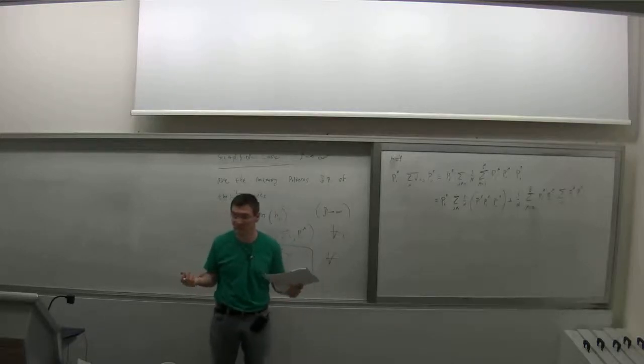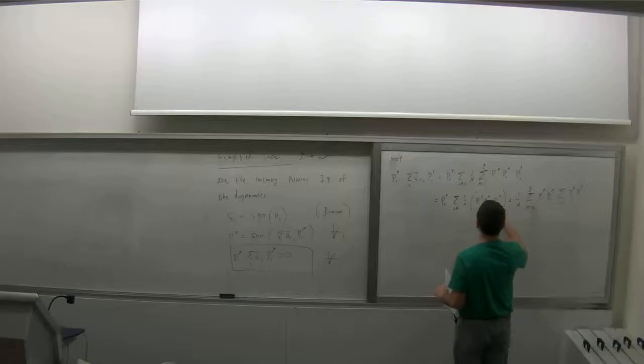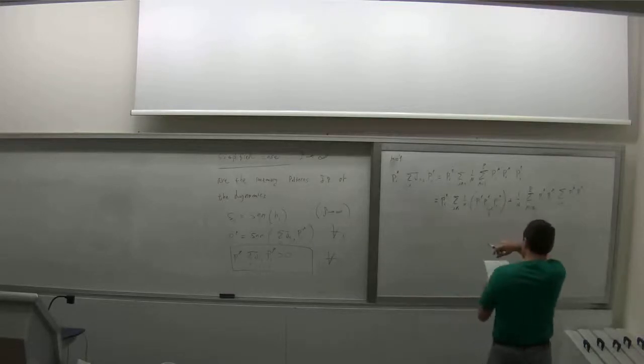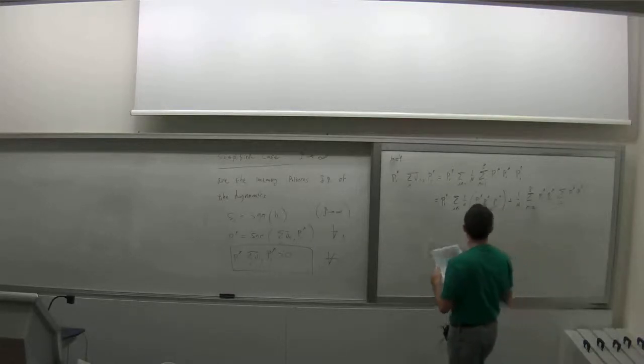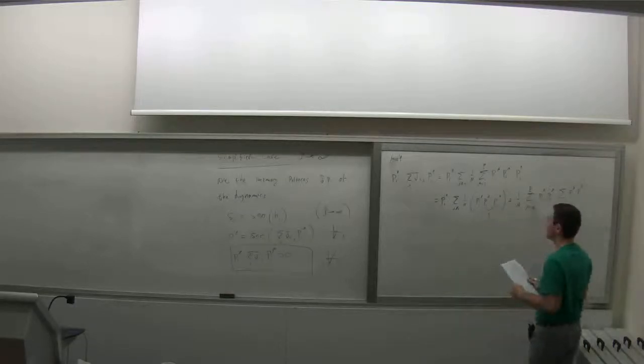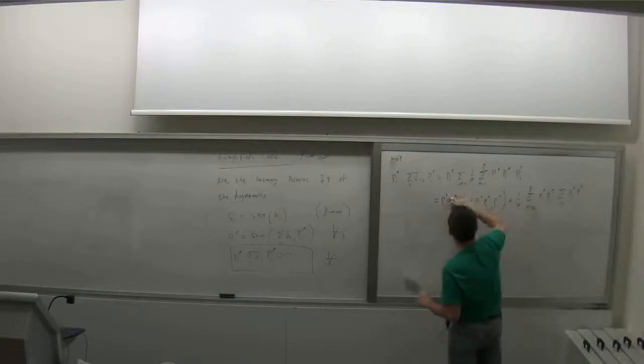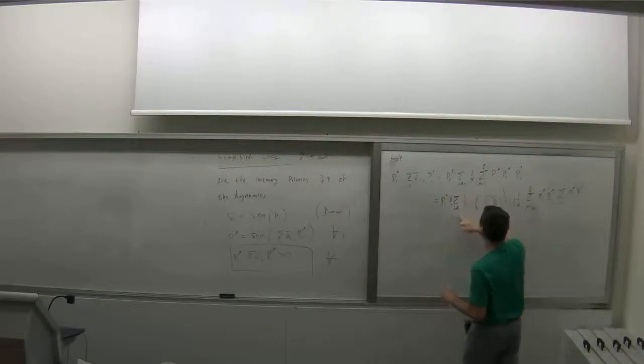The product is always equal to 1. So this is equal to 1. And actually we can take the pi1 outside the sum because the sum is over j.